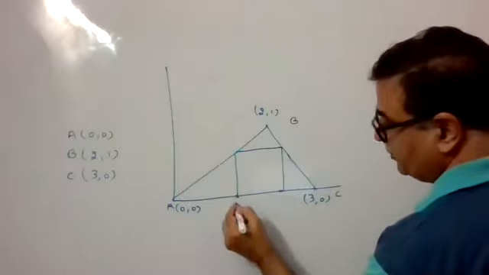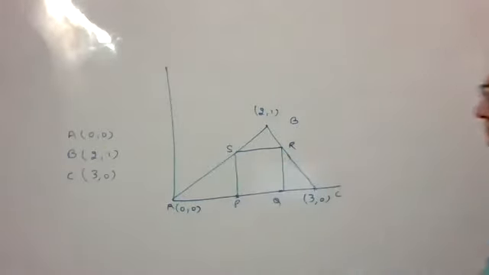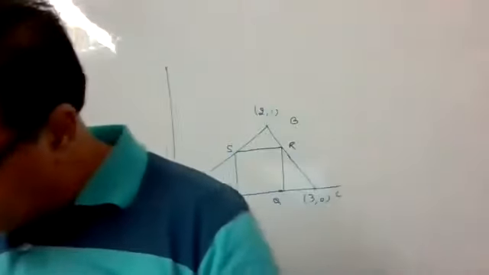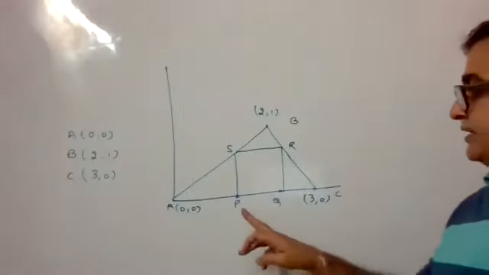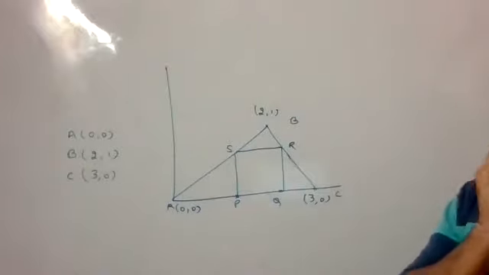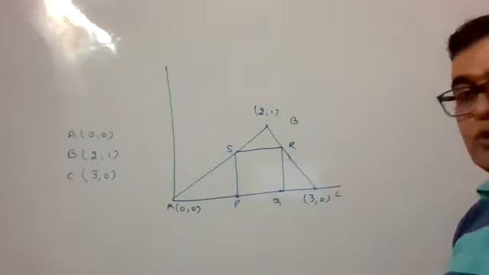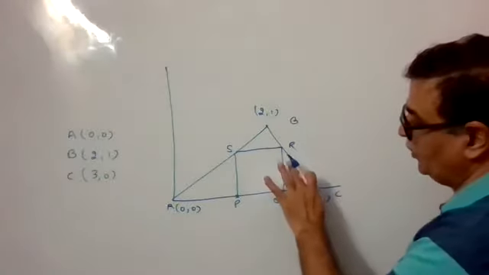Let this be point P, this is Q, this is R, and this is S. Now my question is, find the coordinate of vertices of a square. Means I need the coordinate of P, Q, R, and S.